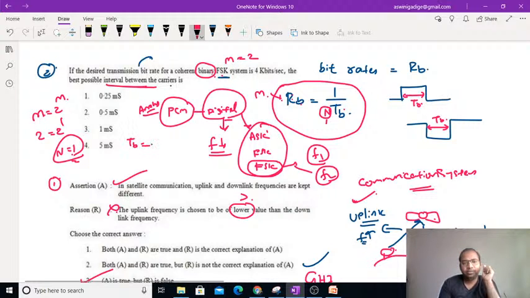So TB is equal to 1 divided by RB, and the bit transmission rate is given as 4K. That is 1 divided by 4K, which is 0.025 milliseconds. Is it clear, guys? So we can solve it like this.